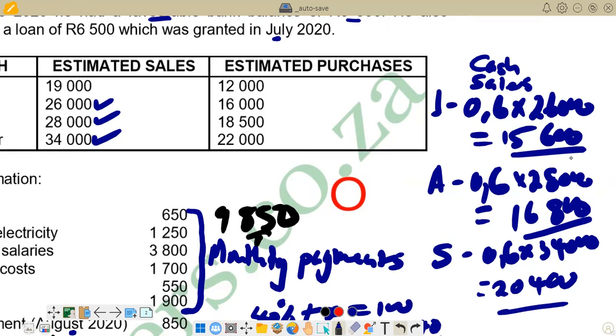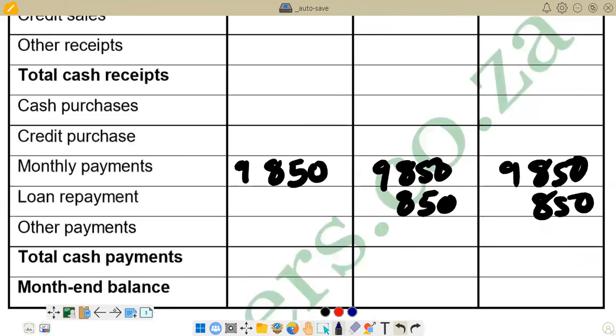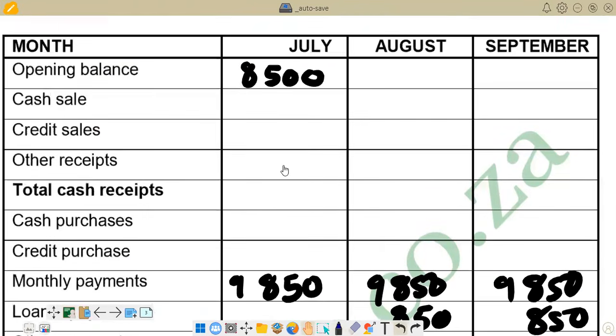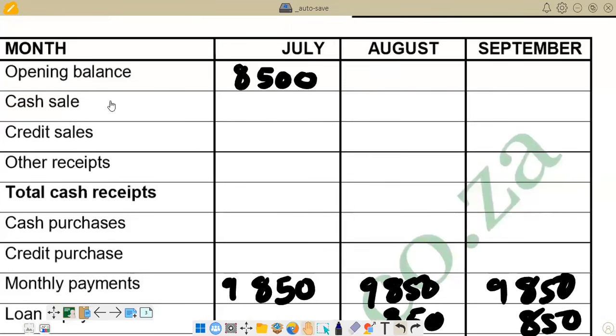So these are the figures that we are going to put in there for cash sales: 15,600, 16,800, 20,400. So we can go back to our other section and put those figures. The section for cash sales is here, so that's where we are going to put our figures.